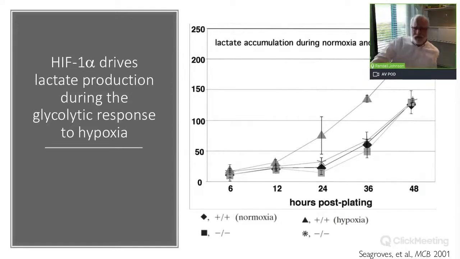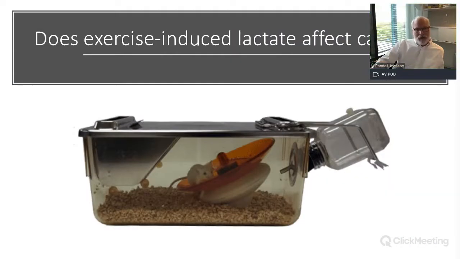And lactate, of course, is an important metabolite in terms of thinking about the glycolytic aspect of the hypoxic response. And because one of the most important inductions of lactate in normal life occurs during exercise and is a result of skeletal muscle function, we were wondering about lactate's effect actually on T cells themselves.